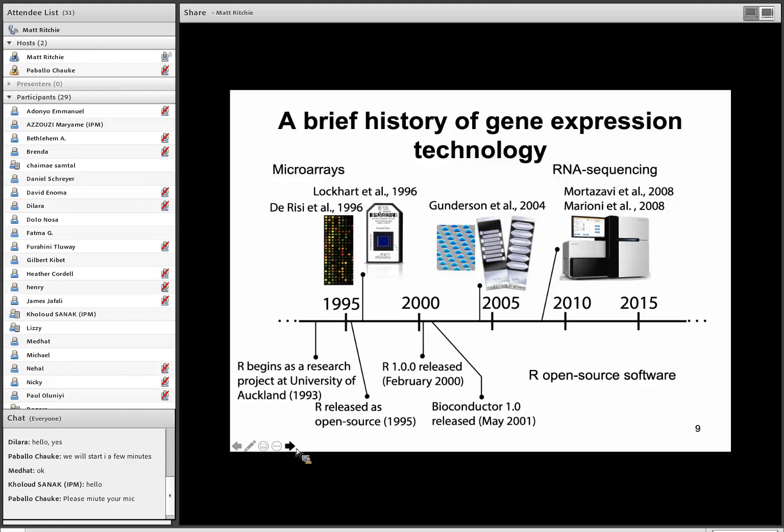And then Bioconductor came along with the goal of using some of this R infrastructure that was being developed to help with the analysis of data, and then apply that to analyzing genomics data. And all of this software is open source, so people can freely download it and use it, which is really cool.